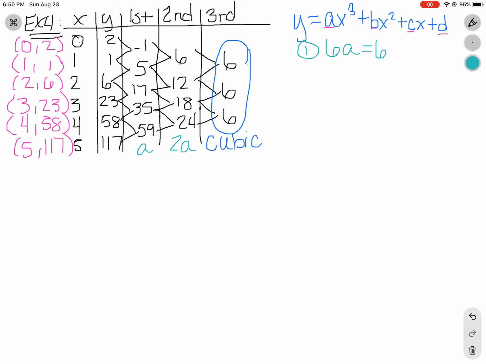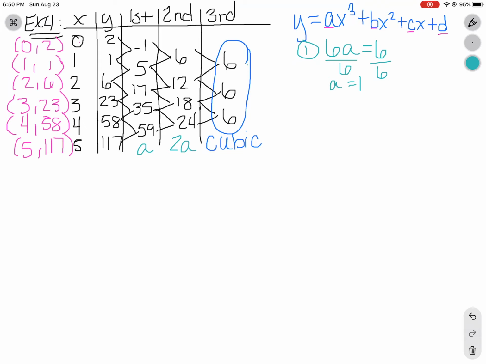So going back to this, our first step is going to be solving for a. We just need to isolate the a, so we're going to divide both sides by 6. And we get a equals 1. After each step, I like to rewrite my equation with every coefficient that I know.